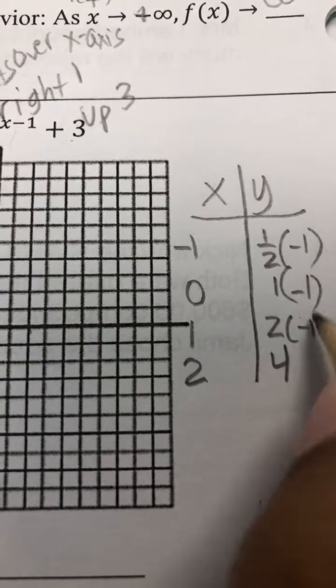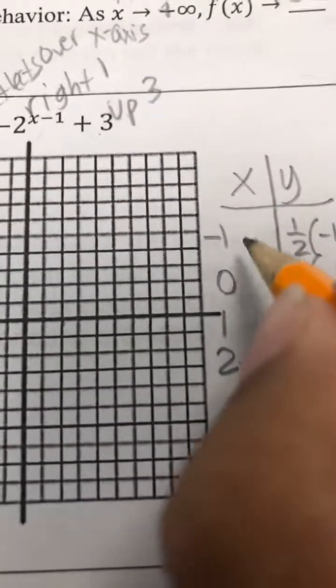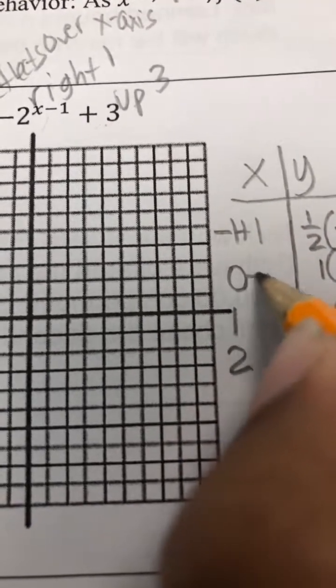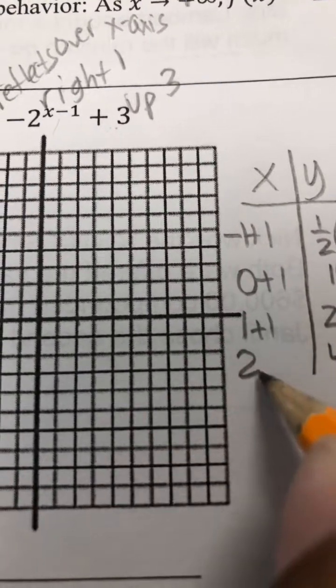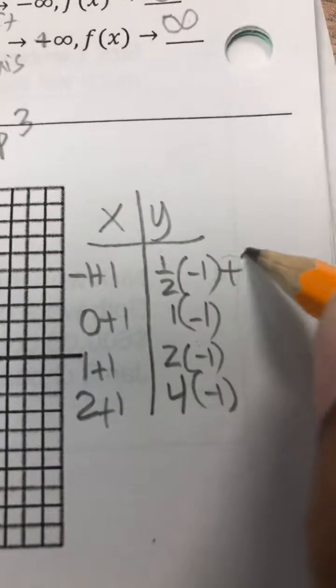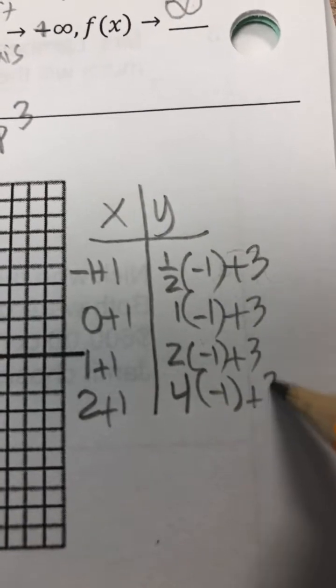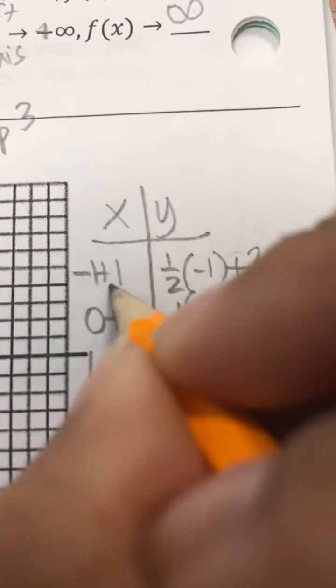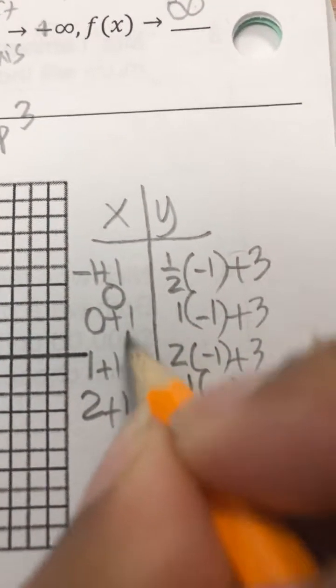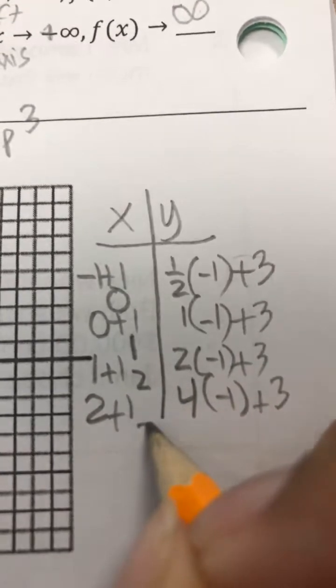Don't forget to do that. So since I'm going right 1, I have to add 1 to all of these. And then since I'm going up 3, after I multiply by -1, I have to add 3. So I get 0, 1, 2, and 3.